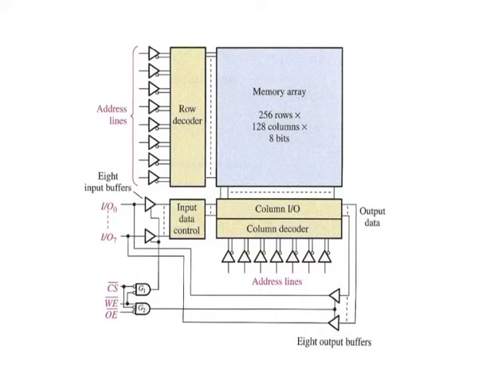The working of SRAM is explained through this block diagram. First, the chip select must be low for the memory to operate. 8 of the 15 address lines are decoded by the row decoder to select one of the 256 rows. 7 of the 15 address lines are decoded by the column decoder to select one of the 128 8-bit columns.